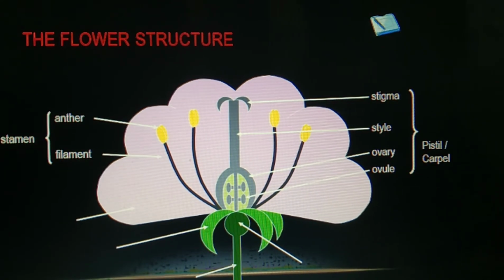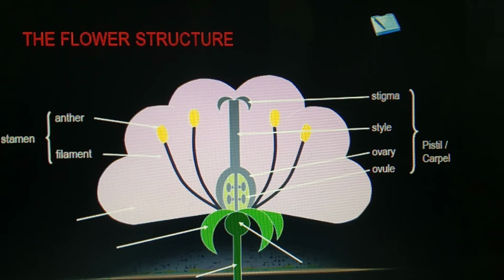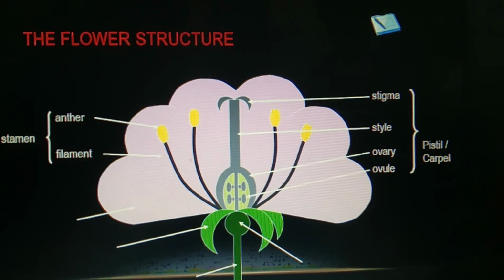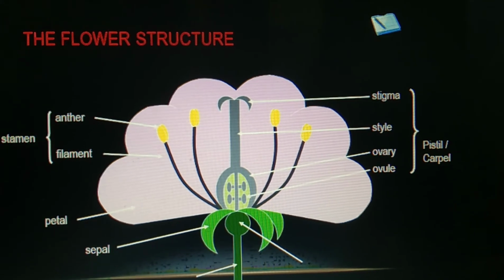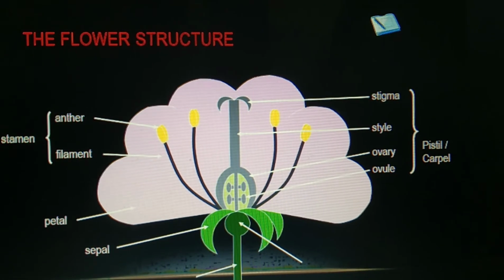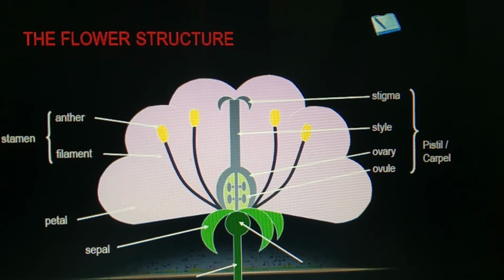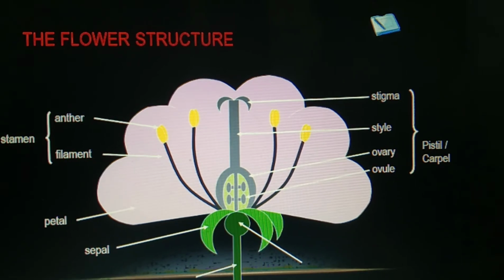The pistil or the carpels is the female part of a flower, and it consists of the stigma, style, and ovary. They produce the ovule. The petal is the most obvious part of the flower, and the group of petals is called corolla. It gives a bright color that attracts insects for pollination.